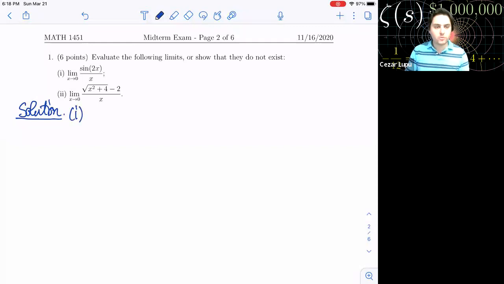So let's see the first one. How would you approach the first one? I want to hear some ideas. If we plug in x equals 0, what do we get? Somebody says the first one doesn't exist.